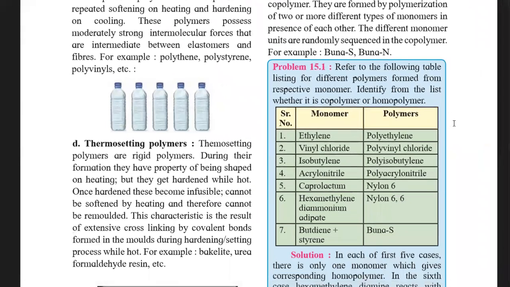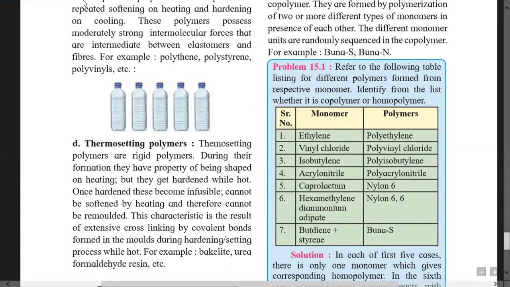Thermosetting polymers differ from the previous type, thermoplastics. Thermosetting polymers are rigid polymers. During formation, they can be shaped on heating but get hardened while hot.